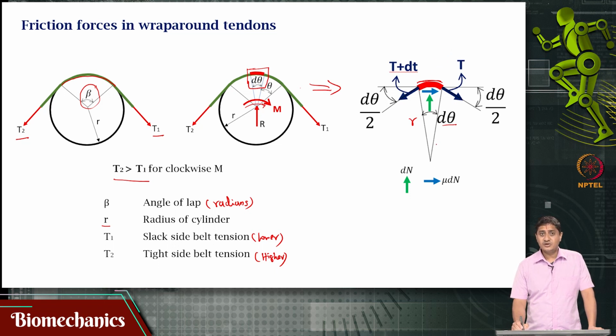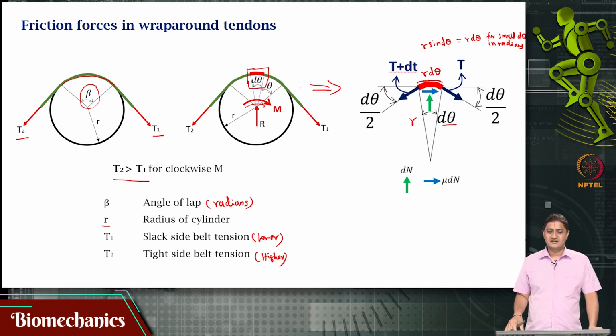This is going to form the opposite side of the right triangle. So, that would be r sin d theta, but that would be r d theta for small d theta in radians. Because of this reason, this is actually r d theta.